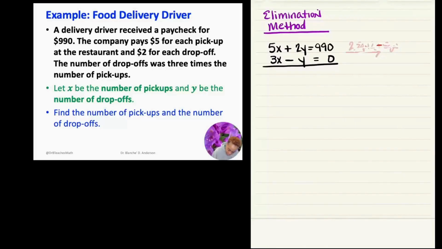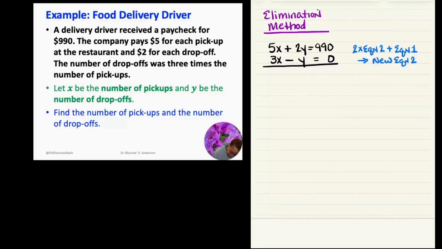Sorry, y'all, I don't like the way that's looking. Let me write it where we can see how we're doing it, and that red looks kind of janky. So we're going to take 2 times equation 2, add it to equation 1, and we're going to get our new equation 2.